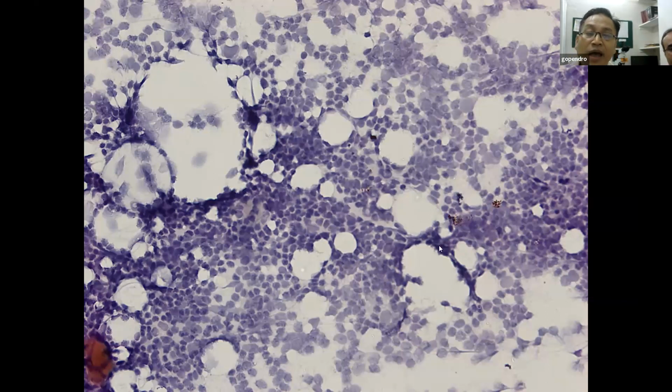We also looked for any abnormal cells, and we didn't see much of it. So we gave a diagnosis of reactive lymphoid tissue in the dermis, and we informed our clinicians to get an excision biopsy, since we see some centrocytes and centroblasts which are prominent.